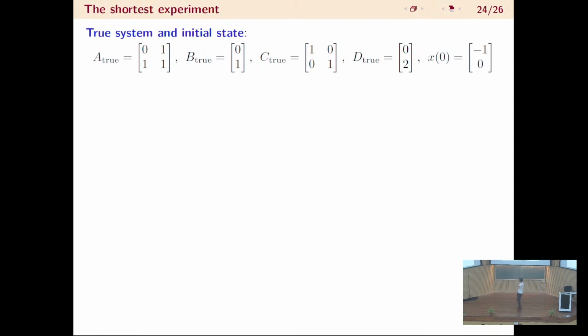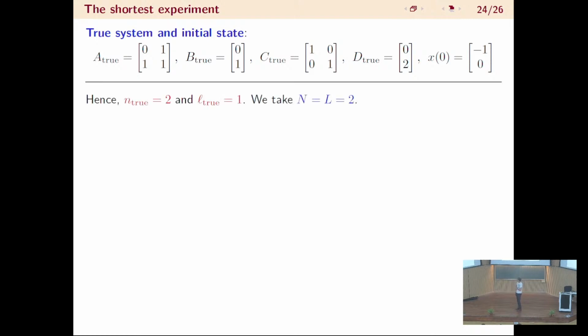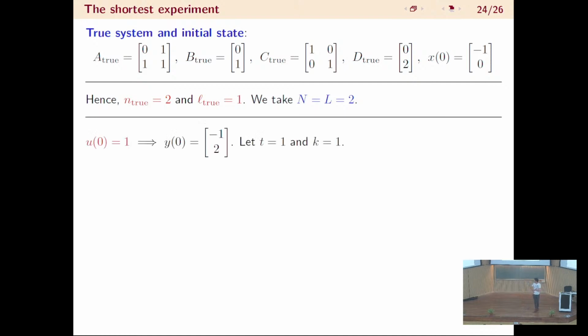So I consider the same system as we had before. N true was equal to 2, L true was equal to 1, and we had these upper bounds on the lag and the state space dimension. In the online experiment design, again, I just apply one input to my system.